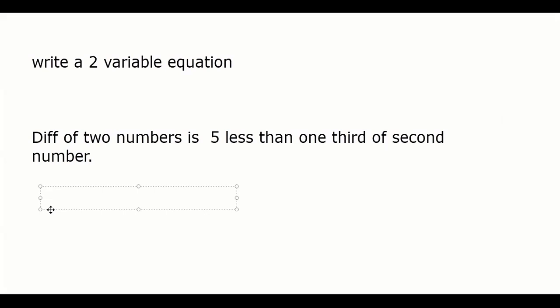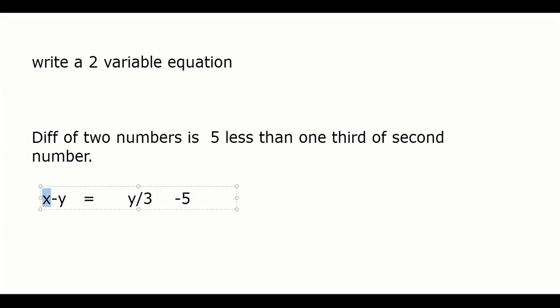Difference of two numbers is 5 less than 1/3 of second number. So say the two numbers are, let's use x and y this time. x minus y. First number is x, second number is y. It is 5 less than 1/3 of second number. This should be the equation.